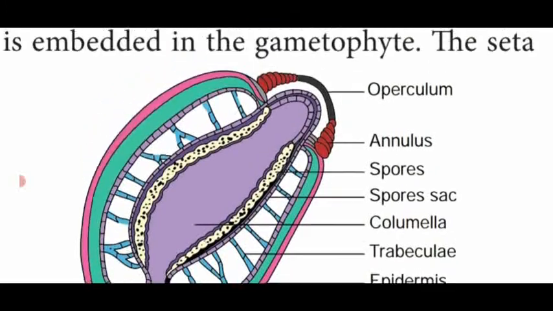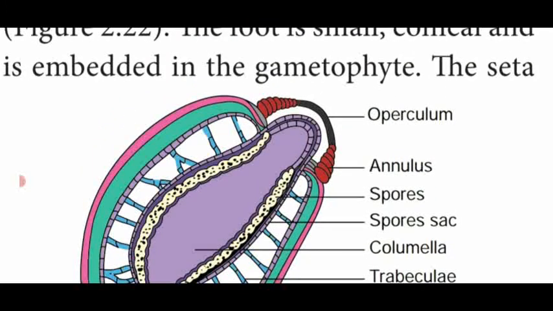And the apical region, which consists of the opening, is known as the operculum, and the domed, curved structure is known as the peristome. The operculum is a lid-like structure of the capsule, a circular cup-shaped lid, after the dehiscence of the capsule.